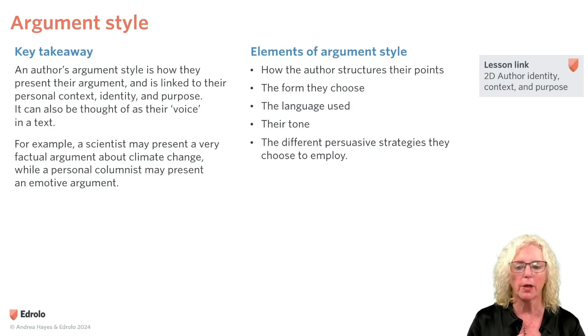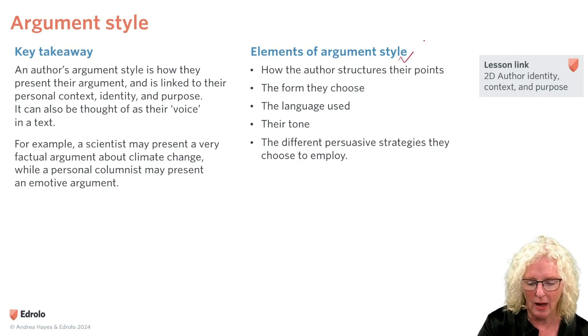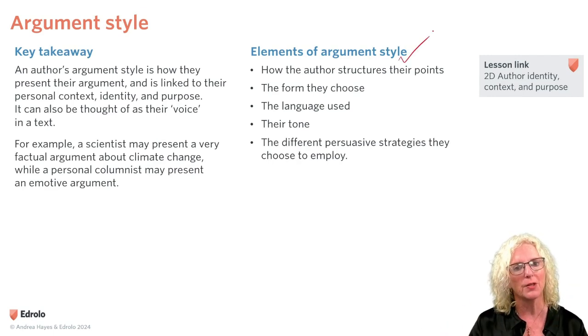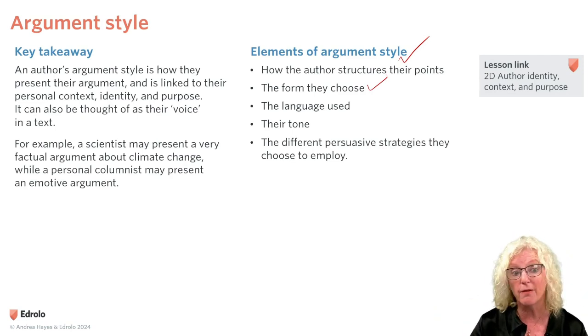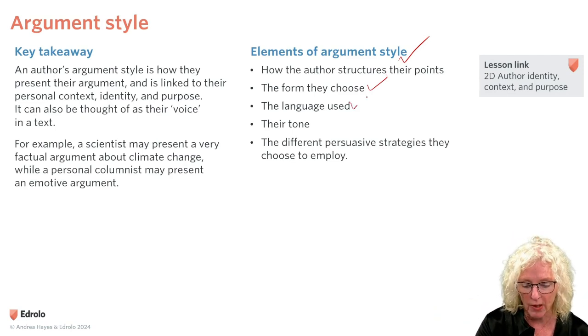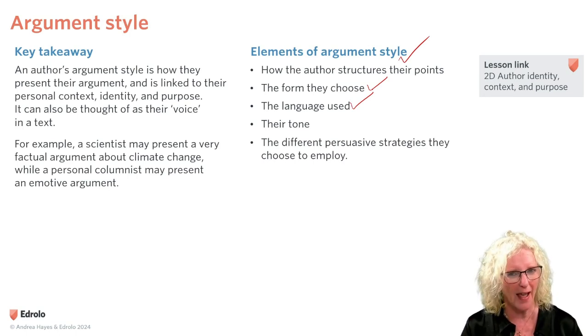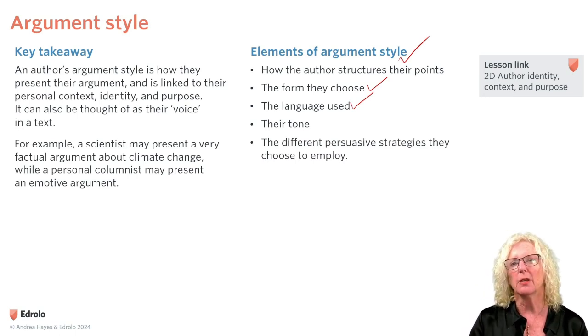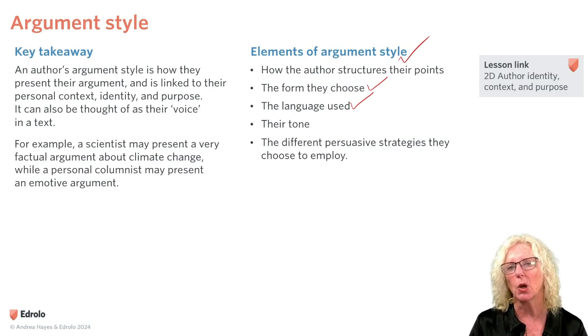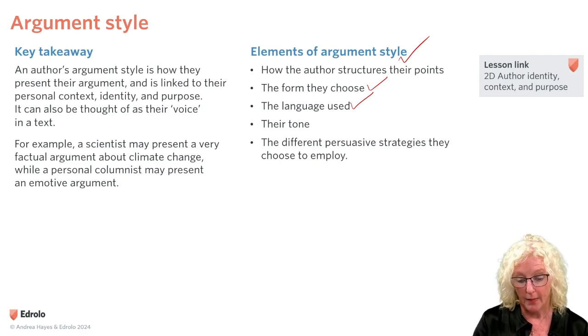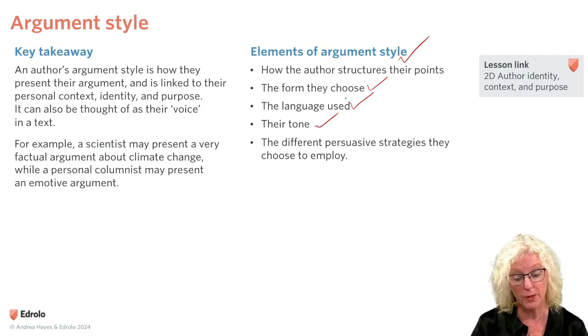So it's to do with, 1, how an author structures their points, the form they choose. One can be more formal, more informal. The language they use: a lot more facts and evidence to give it a logical feel, or a more emotive type of language like anecdotes and appeals. Their tone, very important, and the different persuasive strategies they choose to employ.